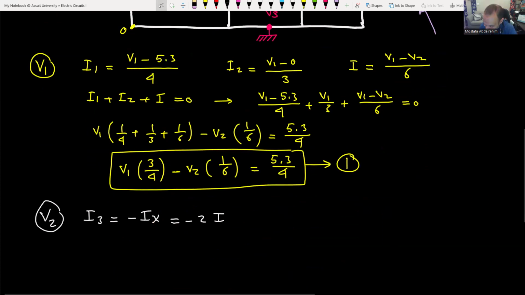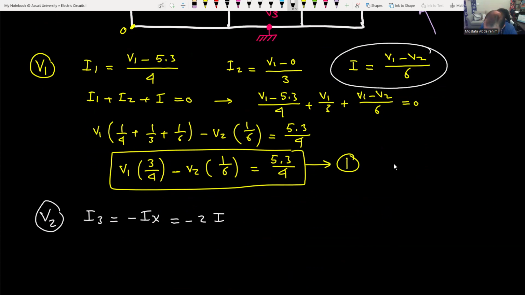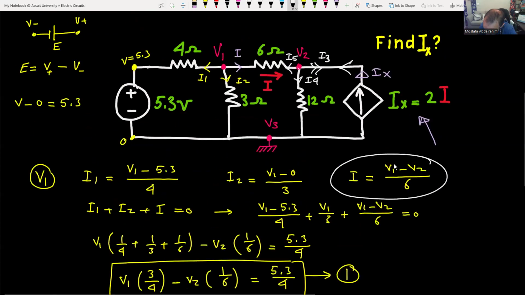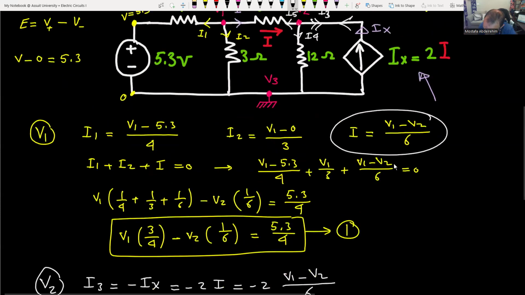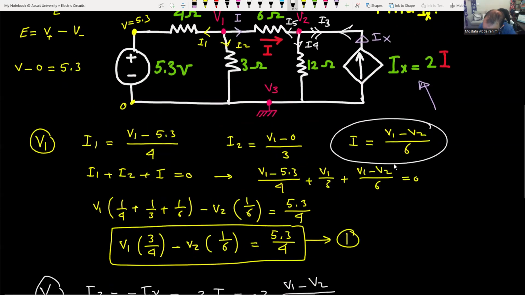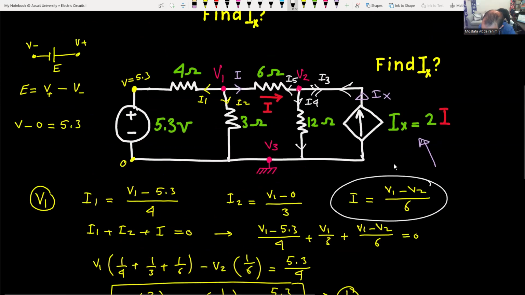And what is I? I here is V1 minus V2 over 6, so I3 equals minus 2 times V1 minus V2 over 6. Good. Now I4 is V2 minus 0 over 12, since V2 is leaving V2 going to the ground.